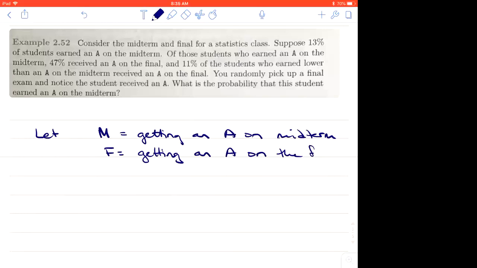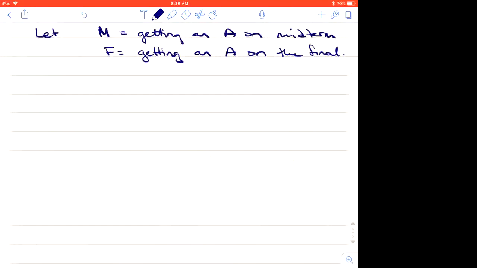Because we need notation for each of these layers. First you write the midterm, there's some outcome. Then you write the final, there's some outcome. So what it's going to look like in general is we're going to have our first layer. We'll call this our midterm layer.